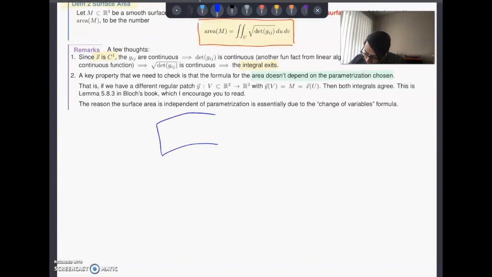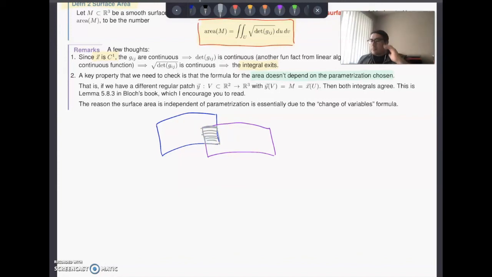Let's draw a picture of what we mean. So let's say we have 2 different pieces of the surface. Really what we're interested in, I'm going to call the surface S, just this kind of curvy piece. All right, so what I have is 2 rectangles in the plane. Let's say this is U, and then I have another rectangle in the plane.